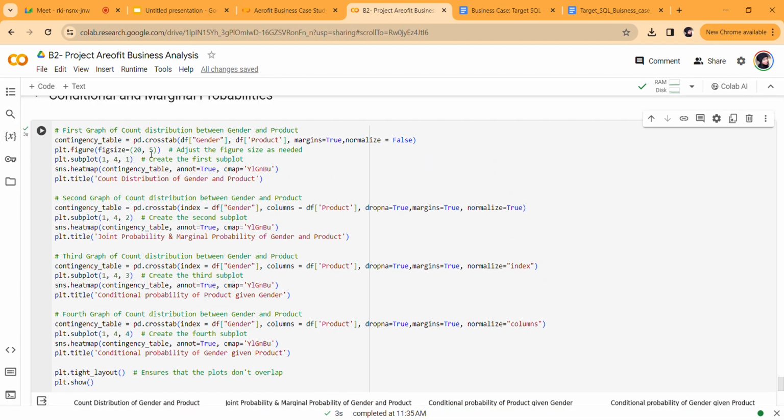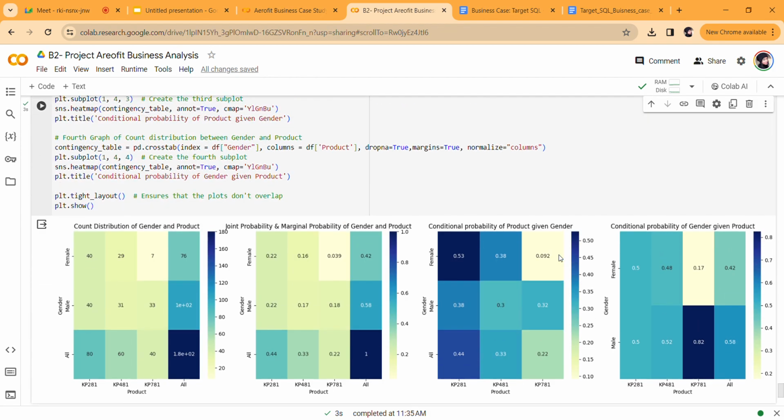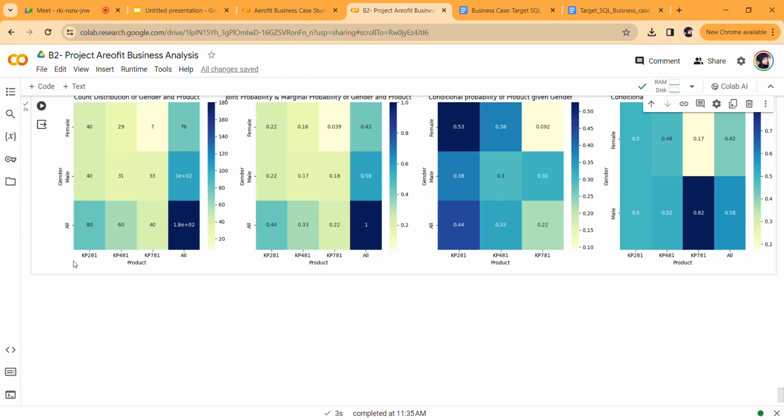We can't expand from this, but it's fine. You can see the total here is 76, here 80, here 60, here 40. Here 180 should be there, and here whatever the total is should be there.